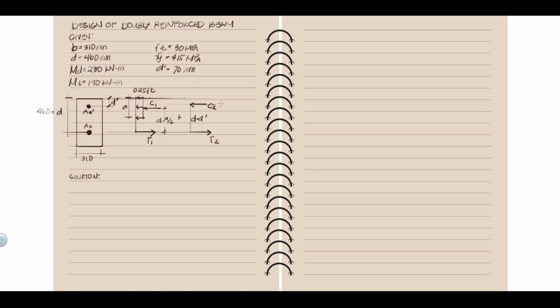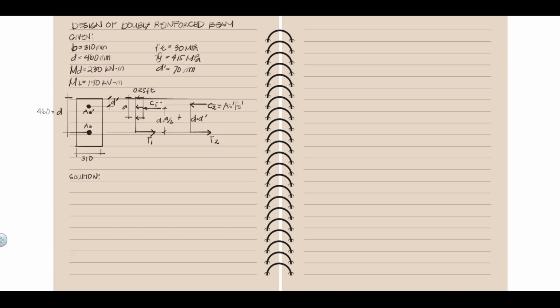That is C2. C2 will have a formula of the area of the compression bar, AS prime, times the stress of our compression bar, Fs prime.